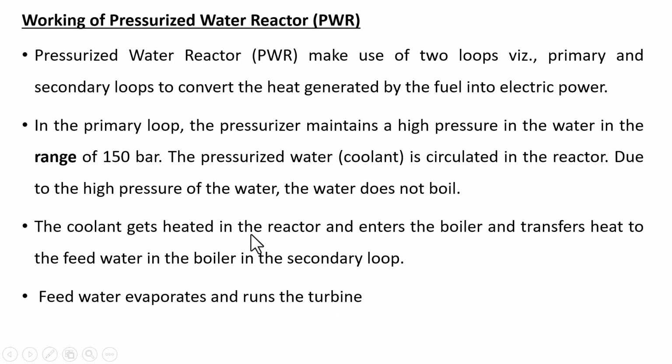The coolant gets heated in the reactor, enters the boiler, and transfers heat to the feed water in the boiler in the secondary loop. Feed water evaporates and runs the turbine. The heat exchanger means the boiler. At that stage the heat transfer takes place and the water becomes steam and is passed through the turbine.